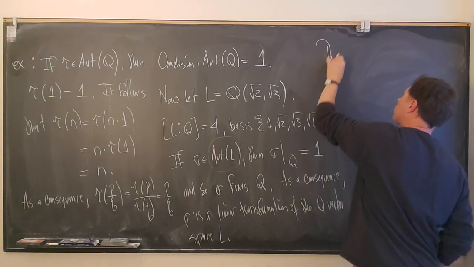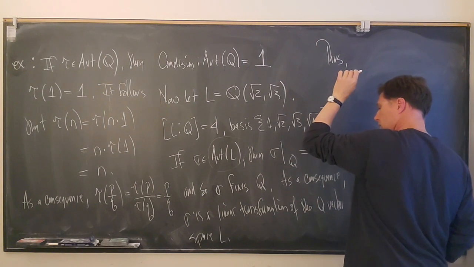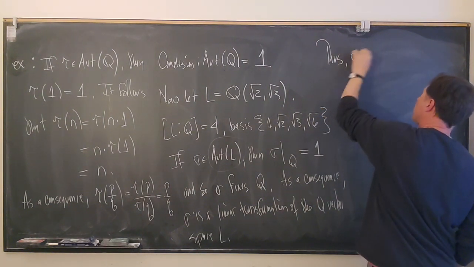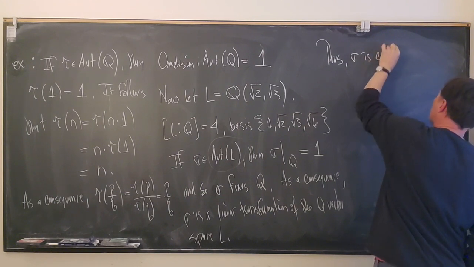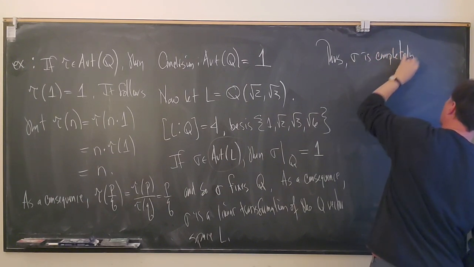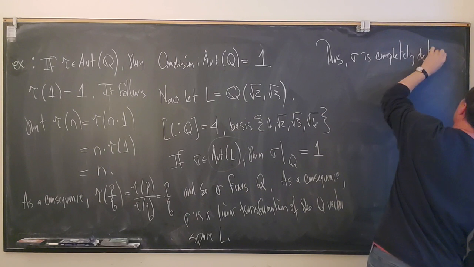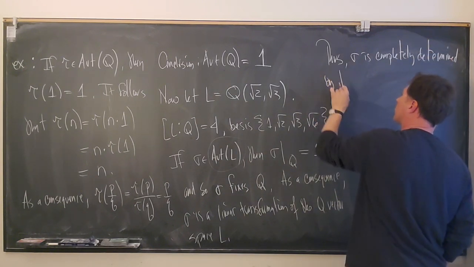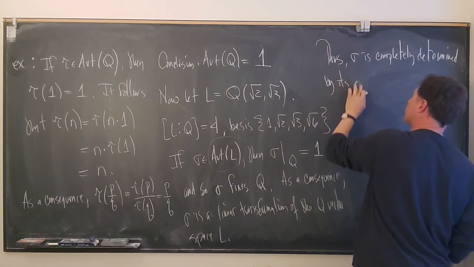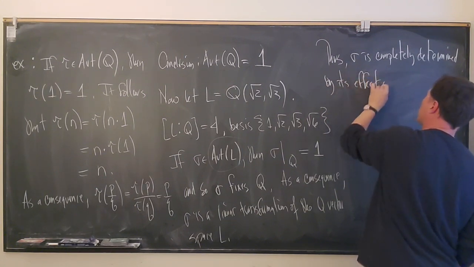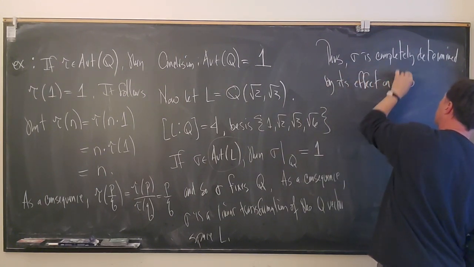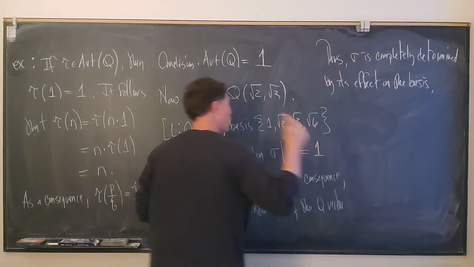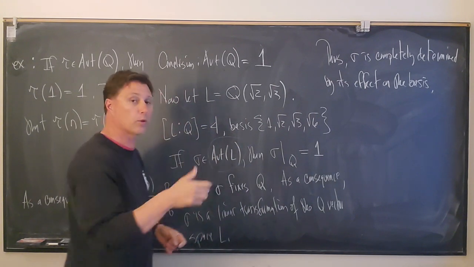Thus, sigma is completely determined by its effect on the basis. So if we know what sigma does to 1, root 2, root 3, and root 6, then we're done.